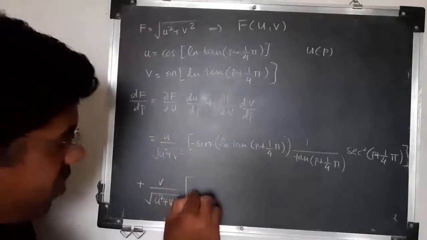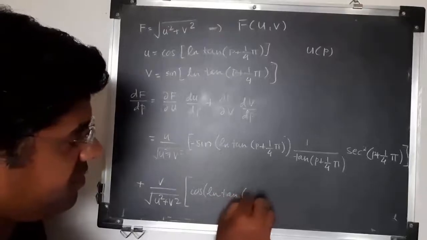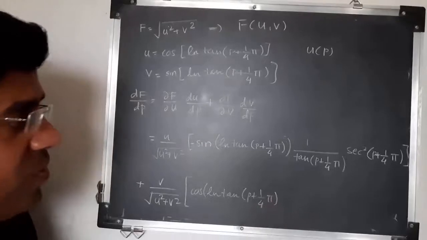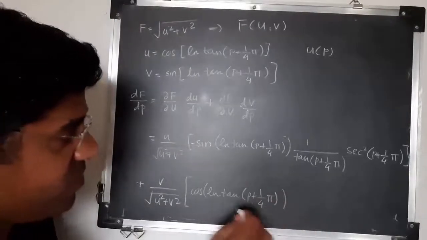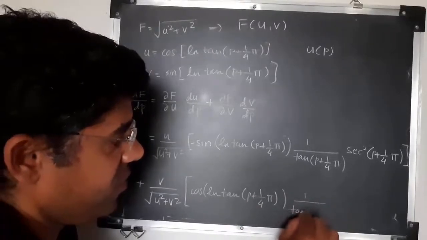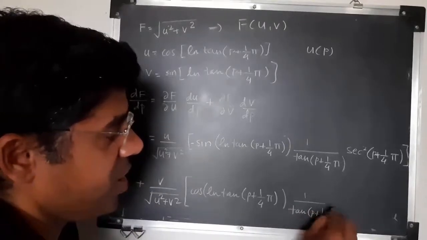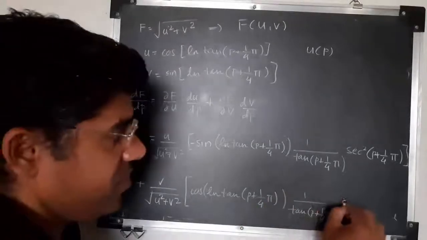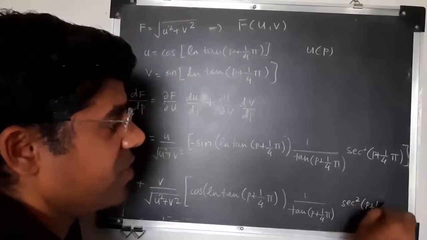Sine derivative is cos ln of tan p plus 1 by 4 times pi, okay, into the derivative of the ln term. This is 1 divided by tan of p plus 1 by 4 times pi, okay, into the derivative of this one, which is sec square p plus 1 by 4 times pi.